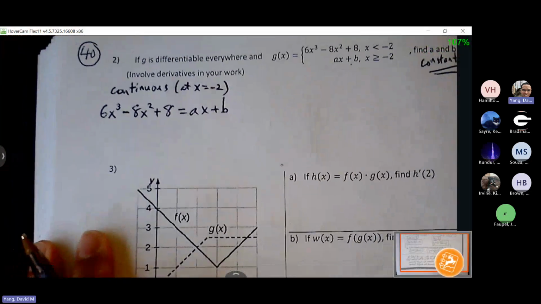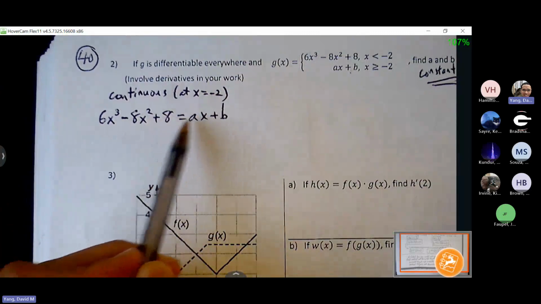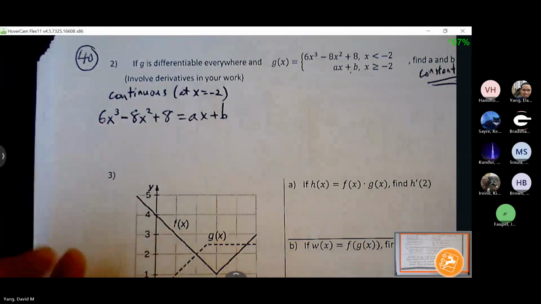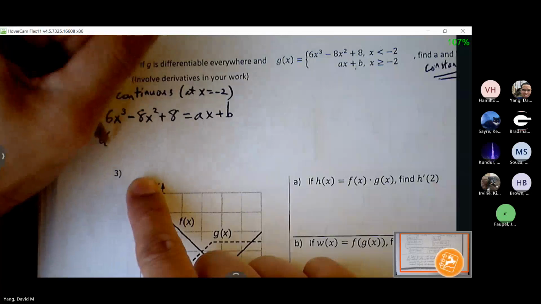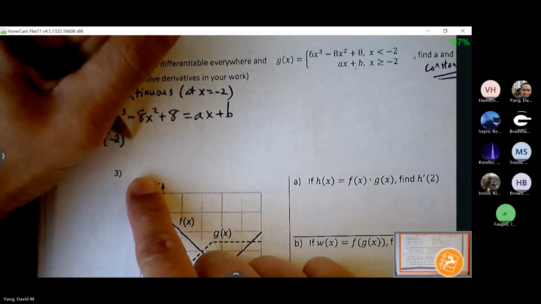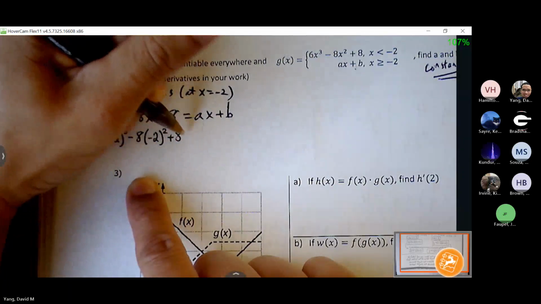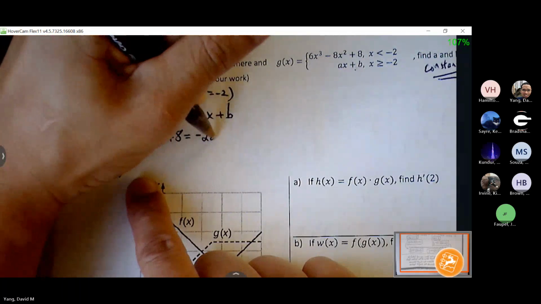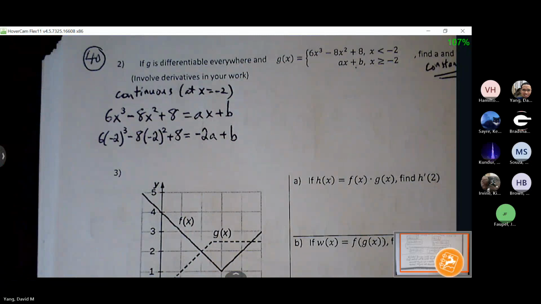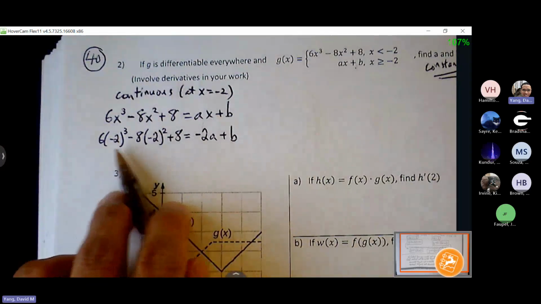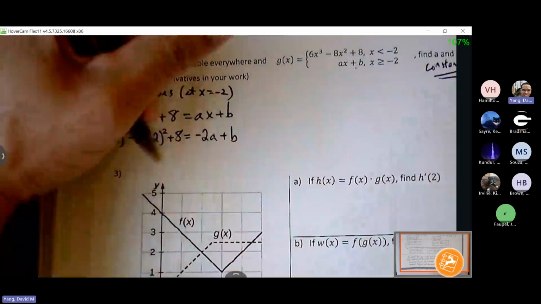I only care that they share the same y value at x equals -2, so I'm going to replace every x with -2, because that's the only point we're really concerned about. So I have -48 minus 32 plus 8.